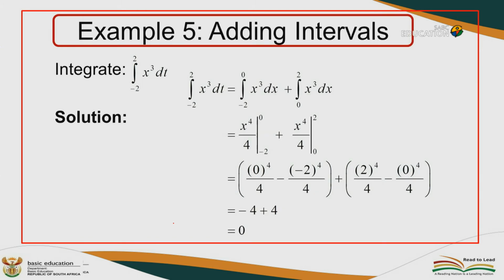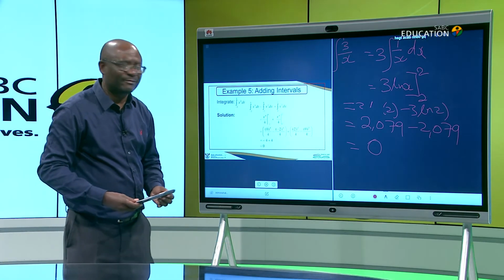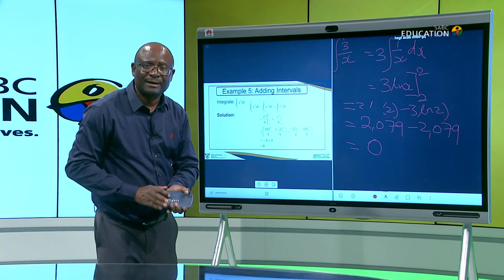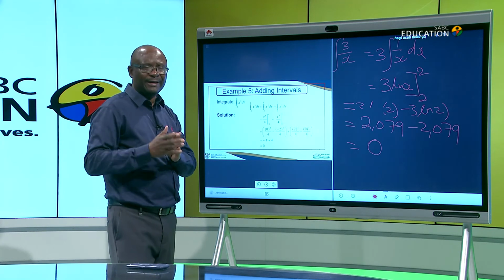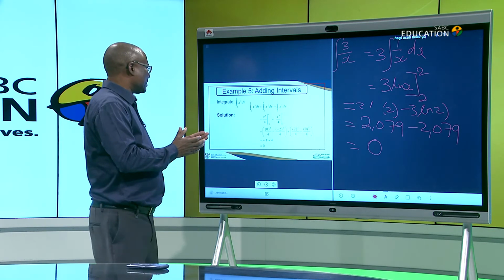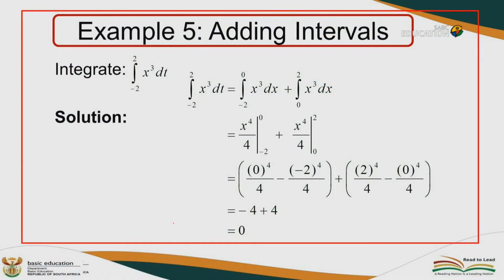Now we are coming to example number 5, a very interesting one, which I'm going to comment on again when we get to areas. Here we are to determine the integral of x to the exponent of 3 dx, from -2 to 2.